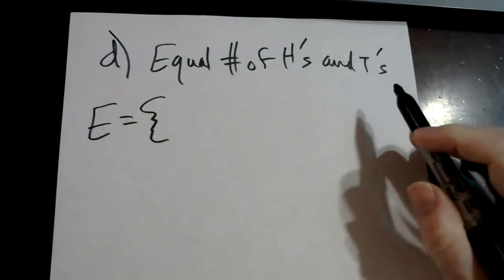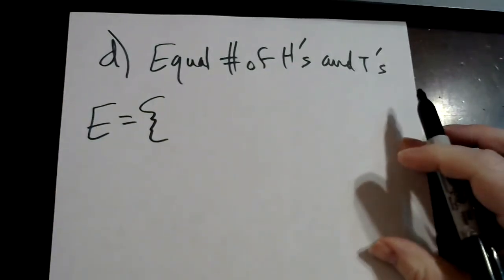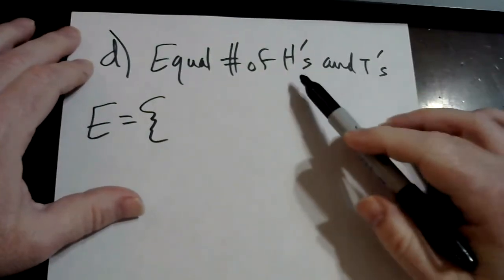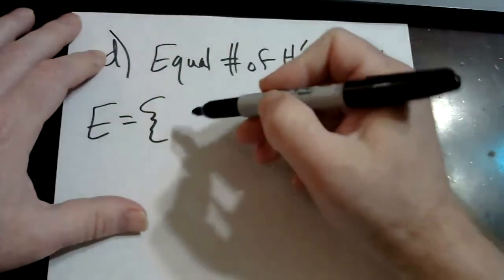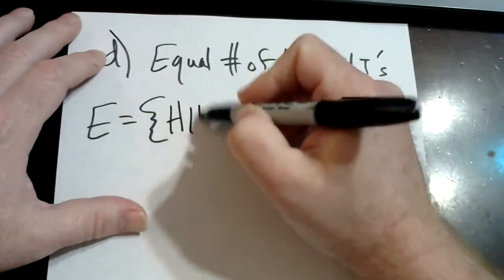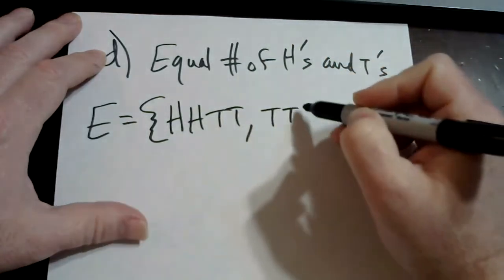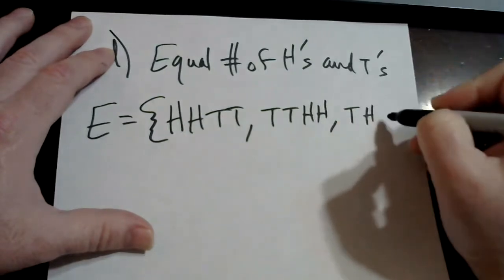So once again, we're going to have a string of 4 H's and T's because we're flipping 4 coins, all right? But if we have an equal number of them, that means we have to have exactly 2 H's and exactly 2 T's. So let's list all the ways for that to happen. Well, the H's could come at the beginning, the H's could come at the end, or they could alternate.